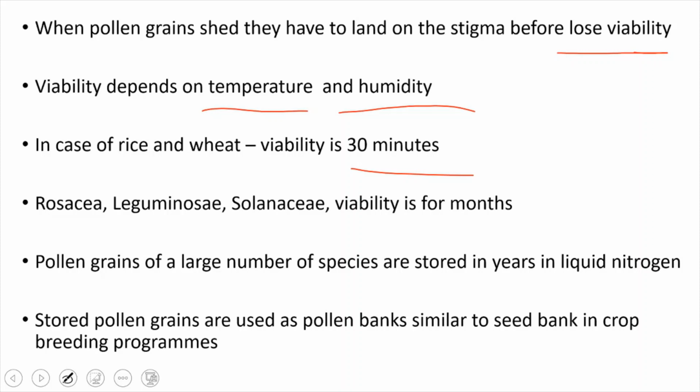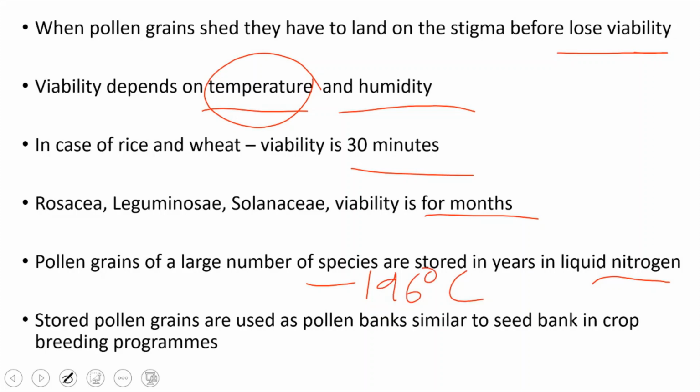And in the families Rosaceae, Leguminosae and Solanaceae, the viability lasts for months also. Pollen grains of a large number of species are stored for years in liquid nitrogen, because viability depends on temperature, so they can be stored in liquid nitrogen, whose temperature is minus 196 degrees Celsius.